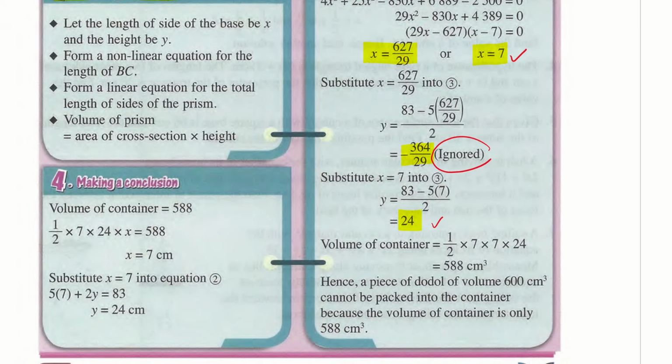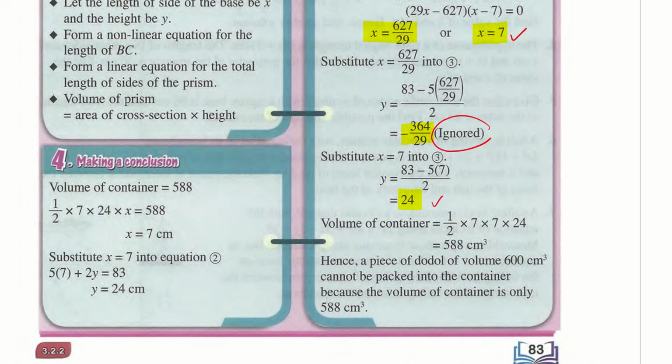So the question asks us to justify the answer. We want to check whether the container can fit the dodol or not. Calculating the volume of the container: 1 over 2 multiplied by 7 multiplied by 7 multiplied by 24.